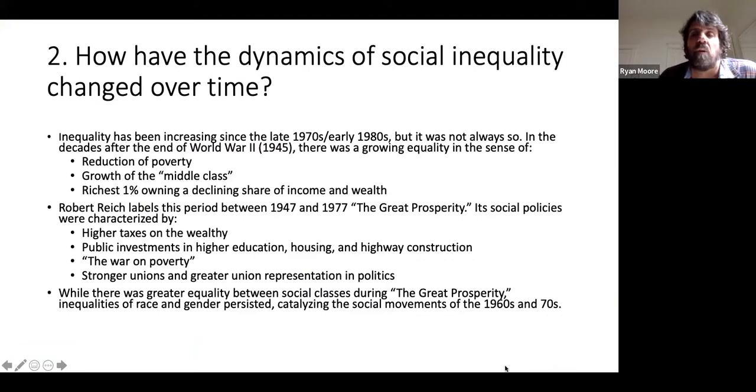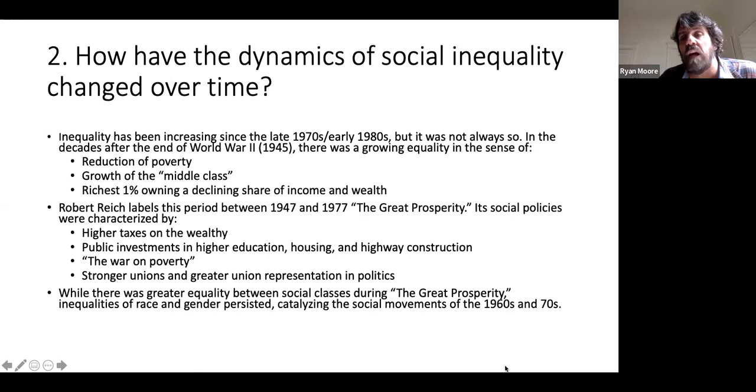So the second question that we've posed, now that we've defined our concepts of wealth and inequality, wealth versus income, and poverty and homelessness, is: how have these dynamics of social inequality changed over time? I started to introduce some of this puzzle in the previous slides.